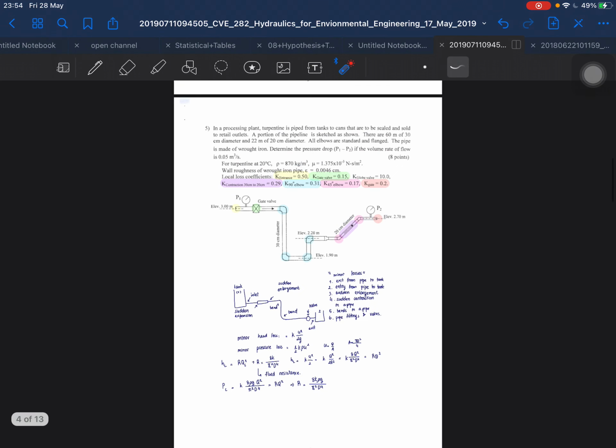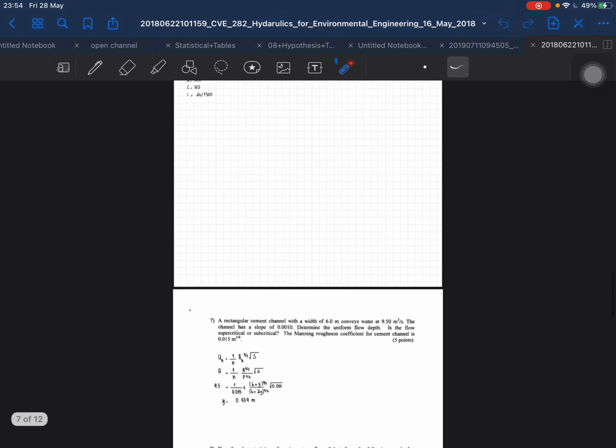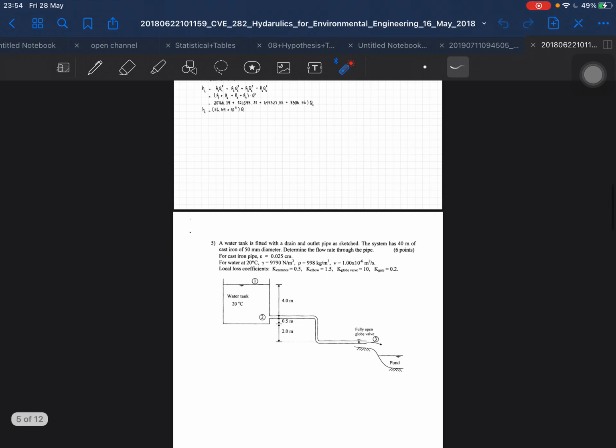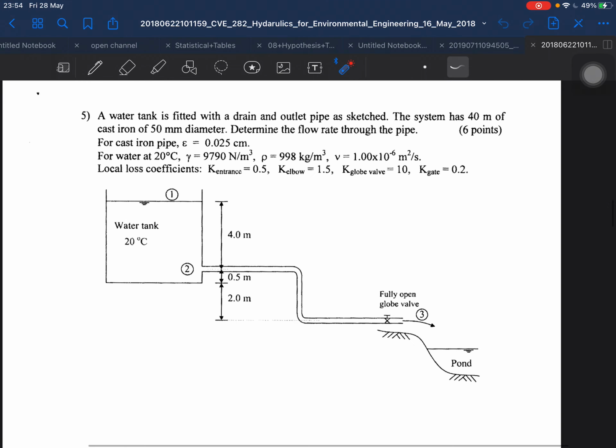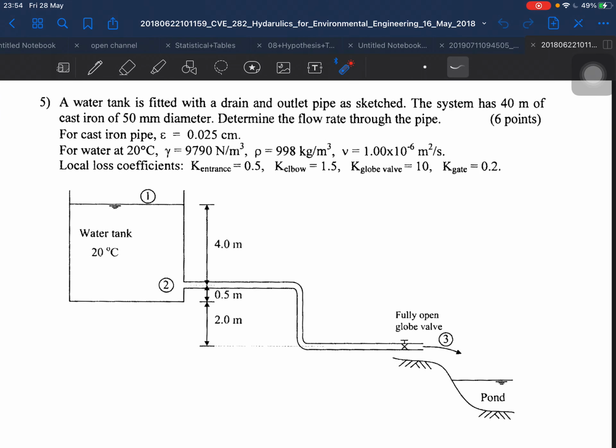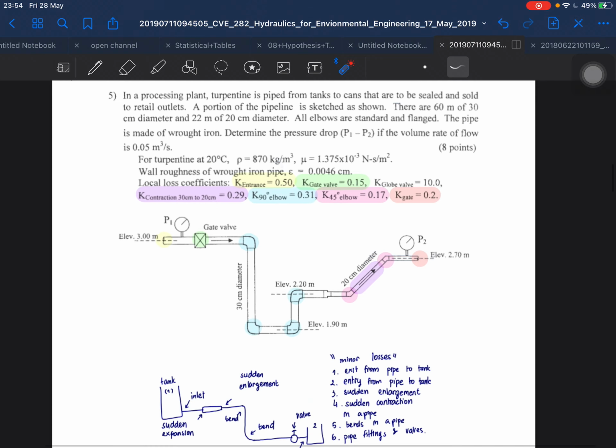From my point of view, I actually wanted to do the other exercise first. I mean in the next video I want to do this exercise first because it's talking about the flow rate, whereas this one they're asking for the pressure drop.